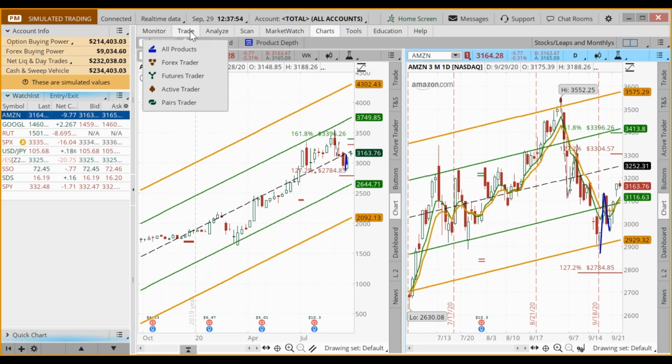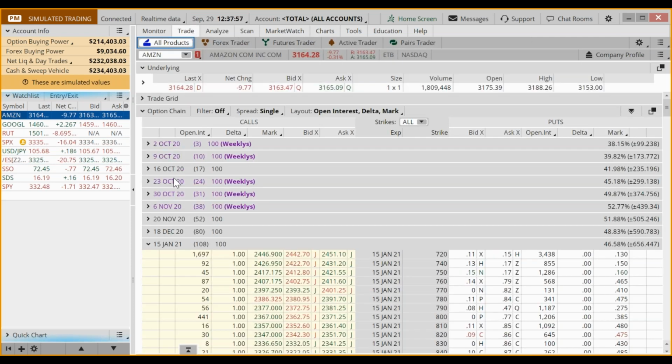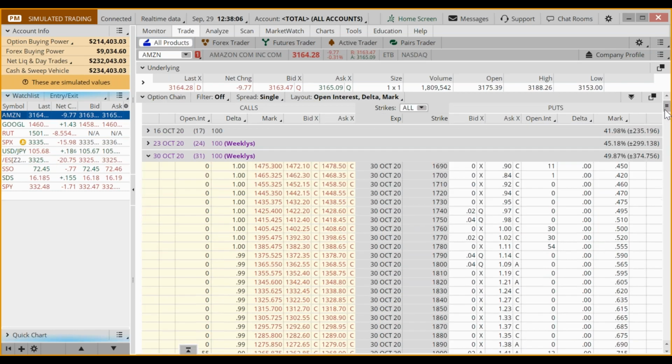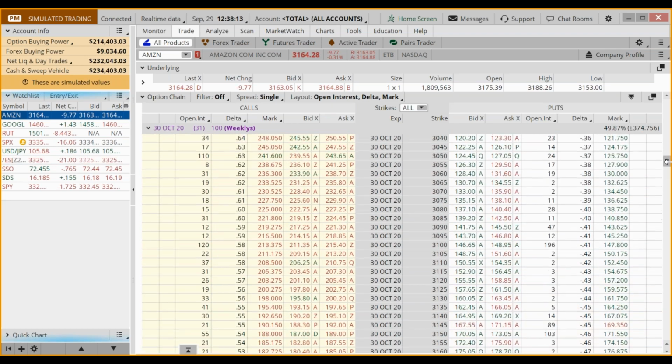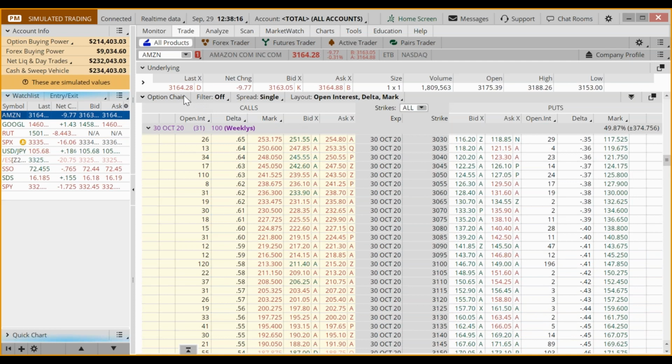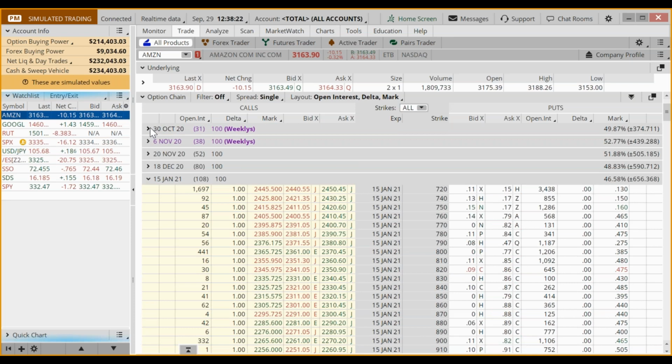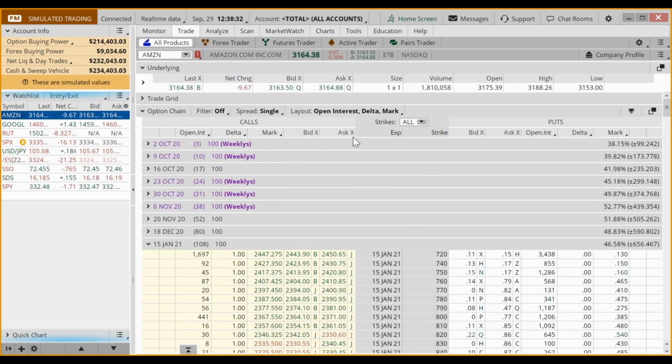So let's go through, what would we do? This would be a monthly, so we want to go out about a month. Let's go out to the 30 October. Right away I'm seeing not a lot of open interest here, so I don't like that. If I go all the way out to 20 November, that's too far out, and the 16 October doesn't give it enough time to work.